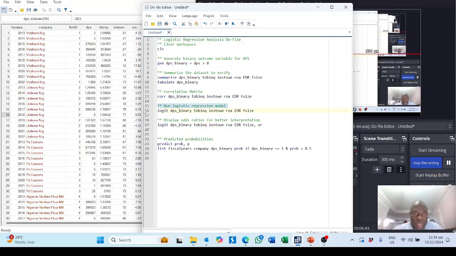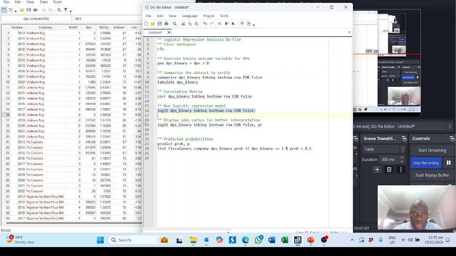Next, we'll now run the logistic regression, which is logit DPS underscore binary Tobin Q institutional ownership ROA equity to debt ratio and firm size.